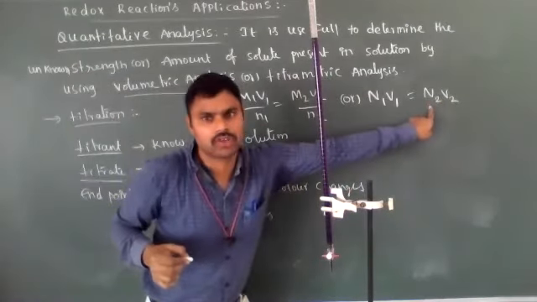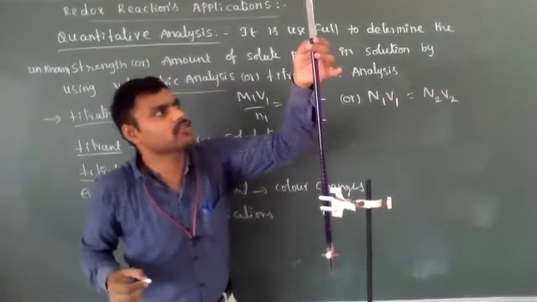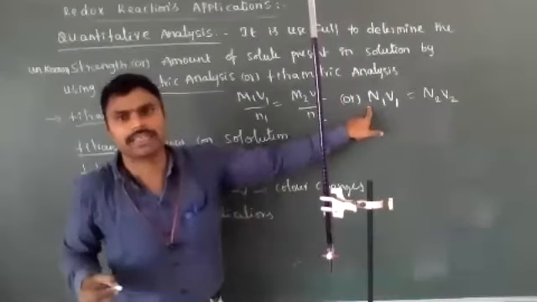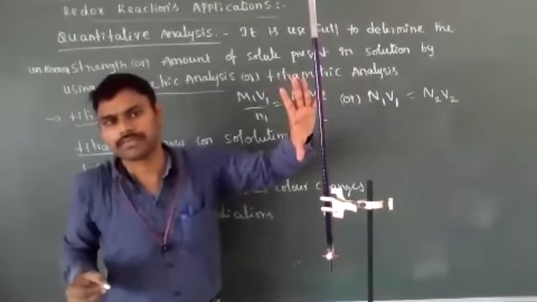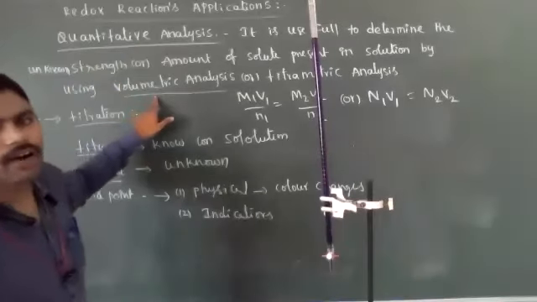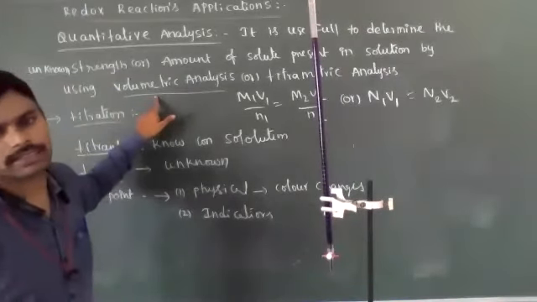Normality is the strength of the known solution, and the volume is 10 ml. Here the volume we need to measure, maybe 10 ml or 20 ml. Like that, normality we need to find out, that is the normality of the KMnO4 solution. This type of experiment is called quantitative analysis or volumetric analysis.